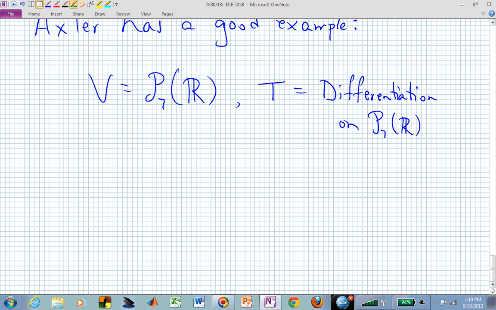Now I hope it's clear that if you start with a polynomial that's seventh order or less, and you differentiate that polynomial with our differentiation operator T, that's actually going to return you to this same vector space of seventh order polynomials. So T is an operator on V.